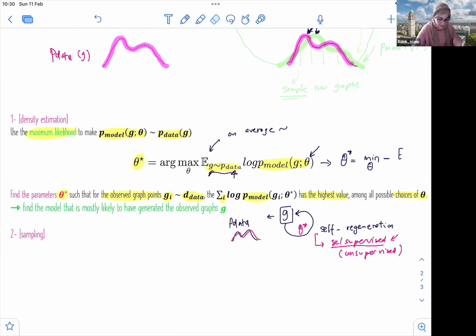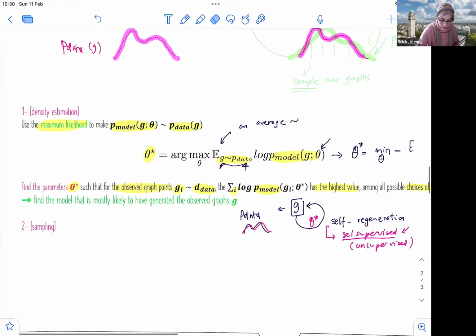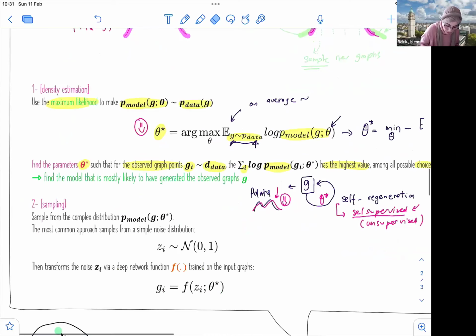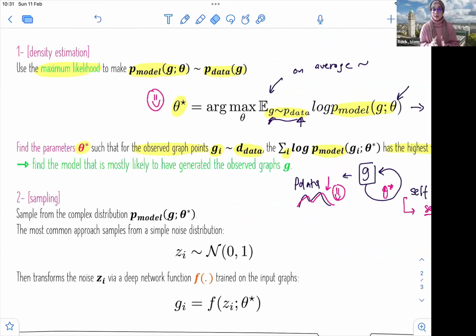Now the last step, after we learn the theta star. We have our model, we approximated very well here. Now we can do the sampling. To do the sampling, there are different strategies, but this is one potential strategy. First, we want to sample from this complex distribution that we learned.